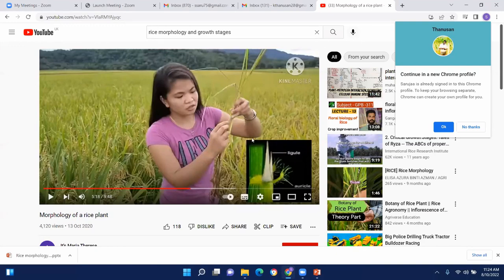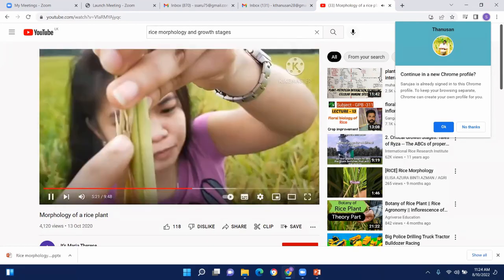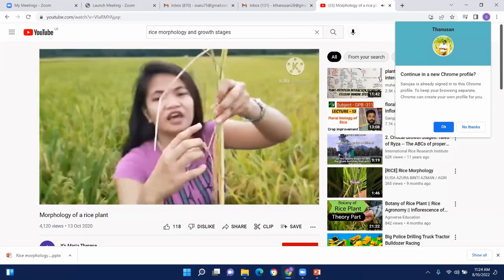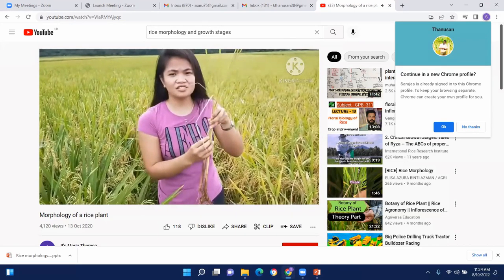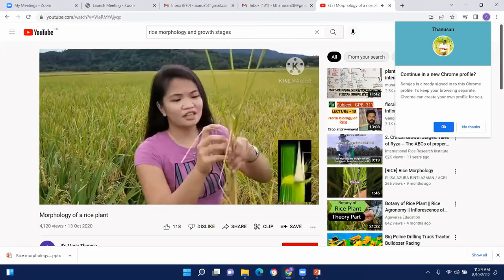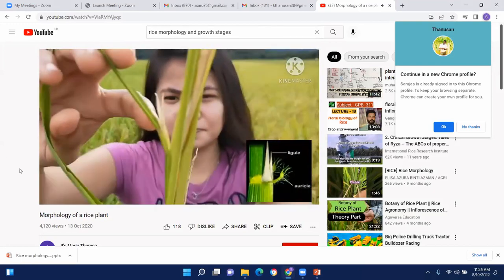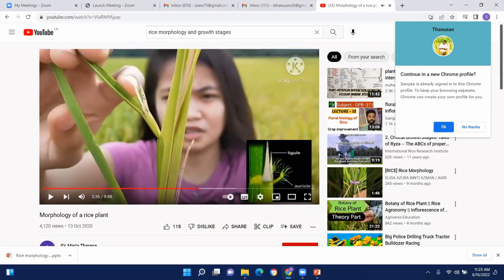Sometimes photos, but mostly we will put the real part of the paddy, so please be careful. Just above this auricle is a tissue-like triangular structure, and we call this the ligule.